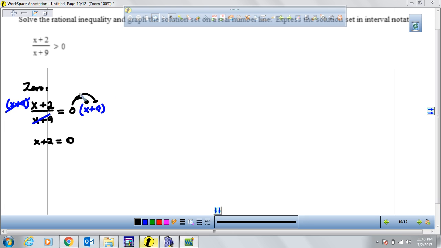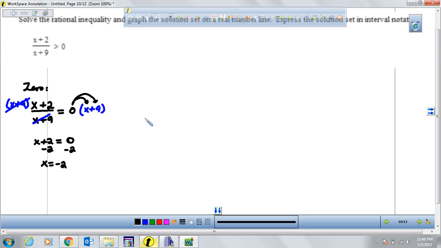If you have a 0 on the other side of the rational equation, then to find the zeros, all we have to do is find the zeros of the numerator, basically. Because you see that the denominator just doesn't affect it. It still stays as a 0. But what if this number on the right side is not a 0? Then that is a different story. So, we subtract 2 from both sides, and that gives us x is equal to -2.